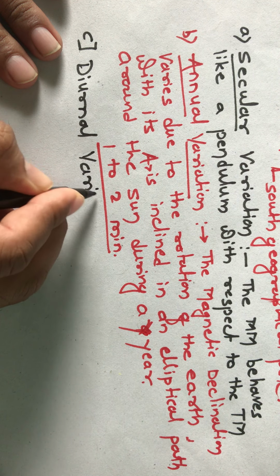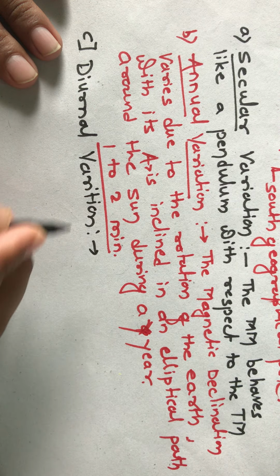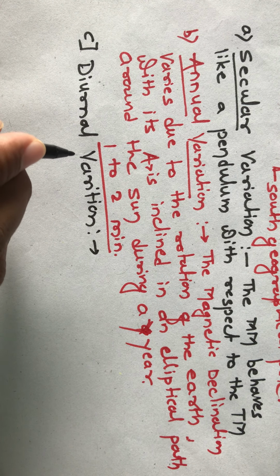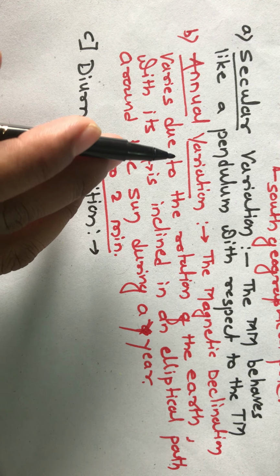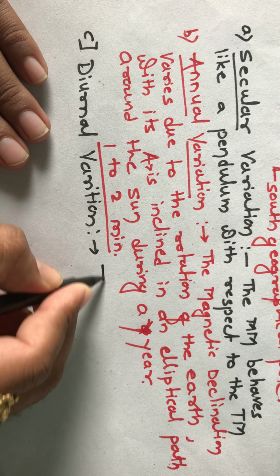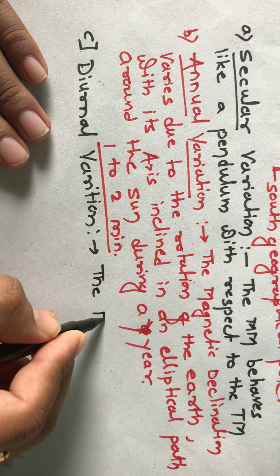Variation. Now here, the magnetic declination varies due to the rotation of the earth on its own axis in 24 hours.